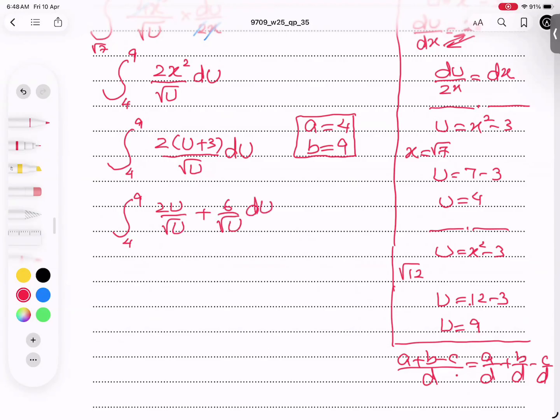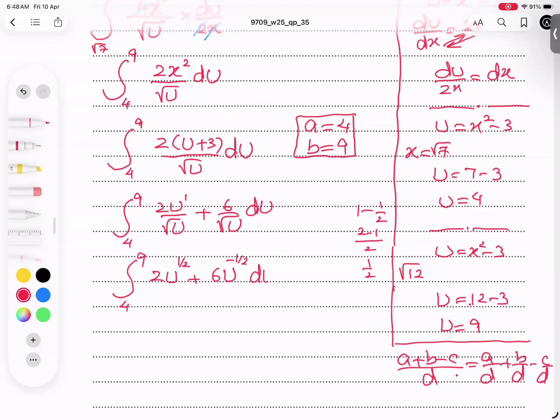Okay students, I'm going to first simplify as much as possible. What is the power of u? 1 minus half is half. That is why I'm writing half here. Whereas this root I will bring up, and I'll get negative half.